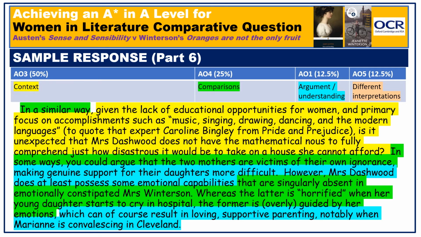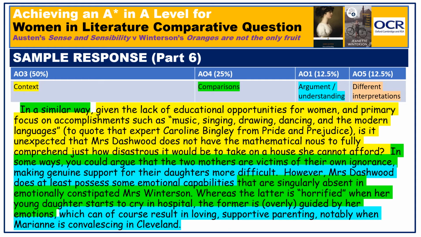In a similar way, given the lack of educational opportunities for women and primary focus on accomplishments such as music, singing, drawing, dancing, and the modern languages, to quote that expert Caroline Bingley from Pride and Prejudice, is it unexpected that Mrs. Dashwood does not have the mathematical nous to fully comprehend just how disastrous it would be to take on a house she cannot afford? In some ways, you could argue that the two mothers are victims of their own ignorance, making genuine support for their daughters more difficult.